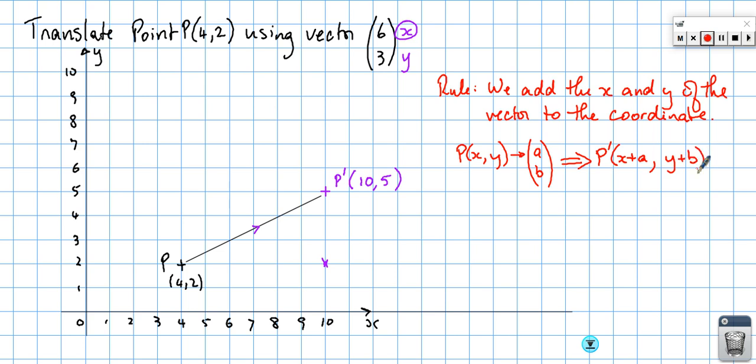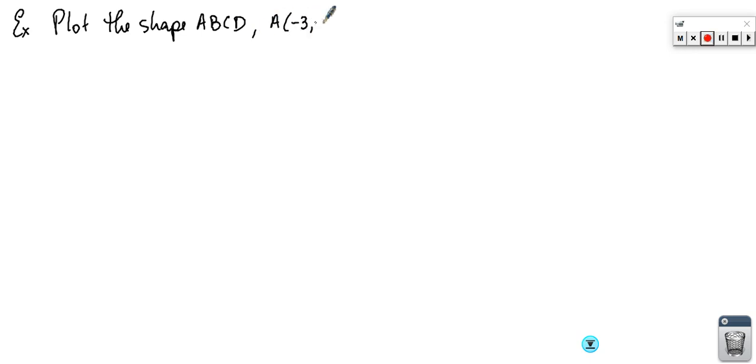Now let us see an example where we're going to perform multiple translations on a shape. Example. Plot the shape ABCD having coordinates A minus 3, 2, B minus 5, 2, C minus 5, 5, and D minus 2, 4.